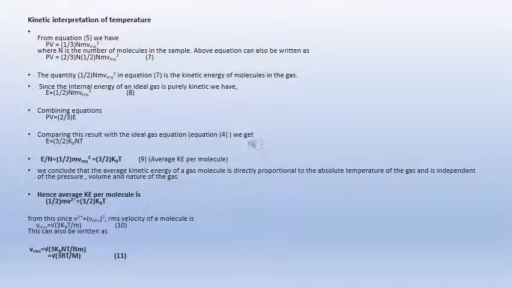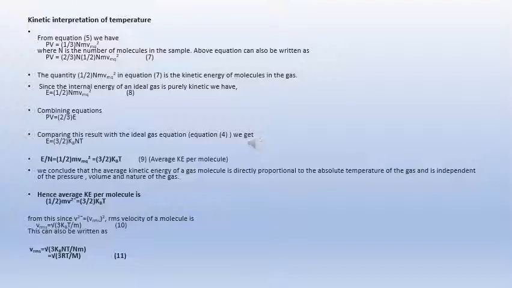Hence, the kinetic energy per molecule is 3 by 2 kT, or the RMS velocity comes out as root 3kT upon m. So V is directly proportional to root T.